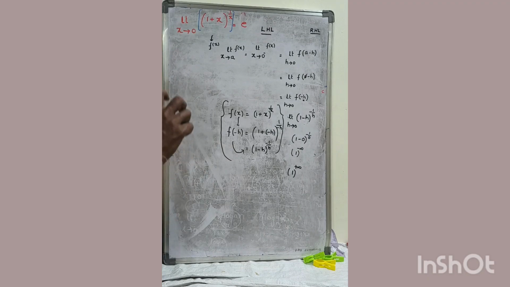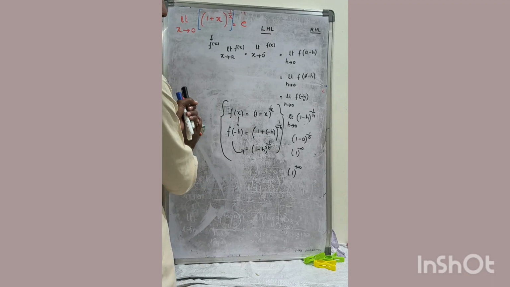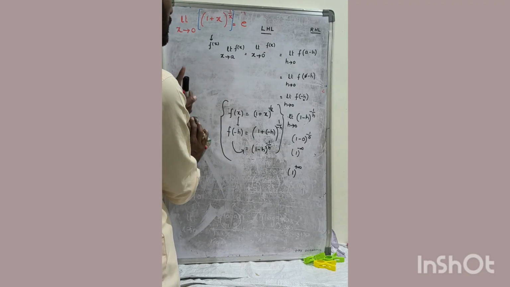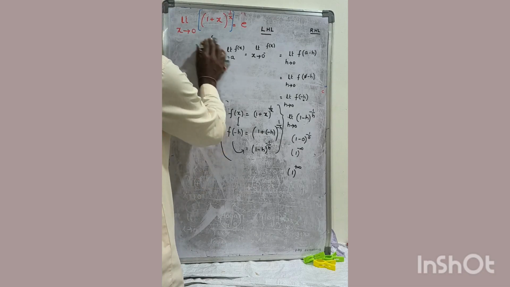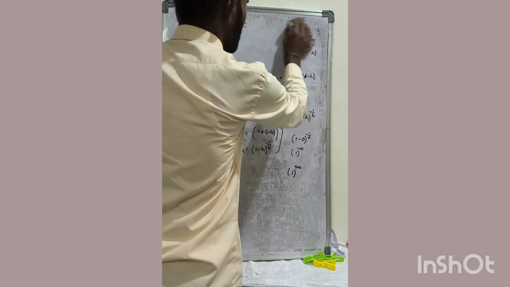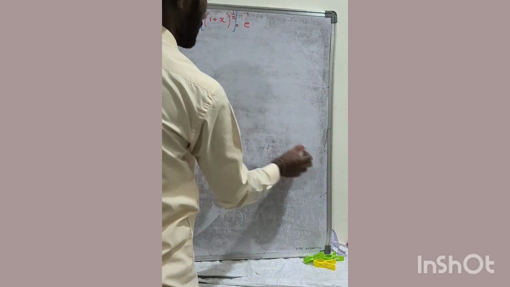So there is a bypass method, a different way to solve this. What we understood from this is that finding the left hand limit and right hand limit is not going to help you find the limit of this function. So what is the way? The way is this one.